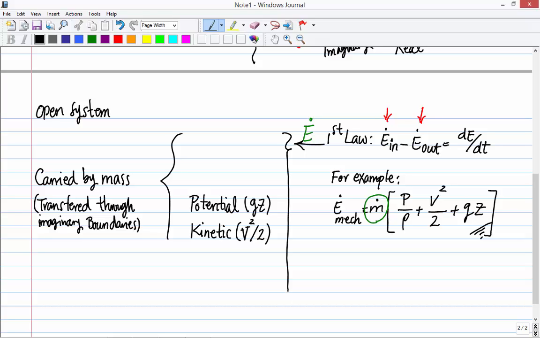Okay, and we have another category, which is heat, Q dot, and work.